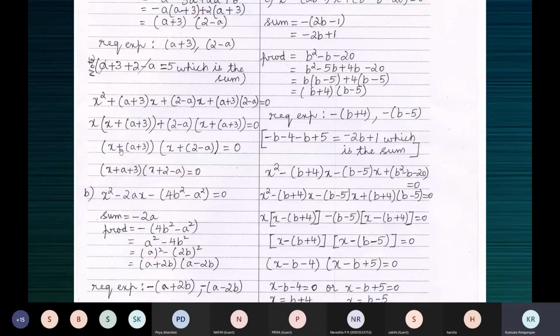So if you say x plus a plus 3 is equal to 0, x is equal to, when this one is transposed, you get plus becomes minus of a plus 3. And here x is equal to minus of 2 minus a. Or you can also do this. I've opened the bracket here. So as somebody said, x is equal to minus a minus 3, or x is equal to a minus 2.